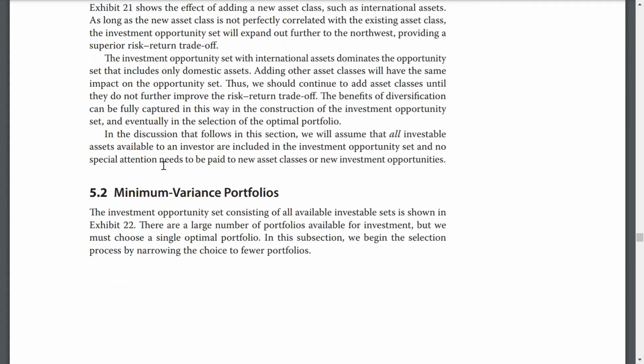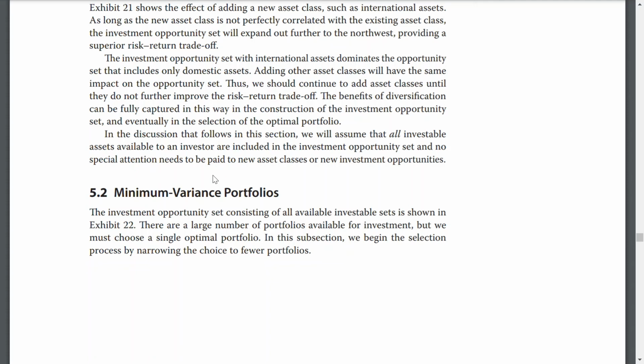In the discussion that follows in this section, we will assume that all investable assets available to an investor are included in the investment opportunity set, and no special attention needs to be paid to new asset classes or new investment opportunities. Minimum variance portfolios. The investment opportunity set, consisting of all available investable assets, is shown in Exhibit 22.